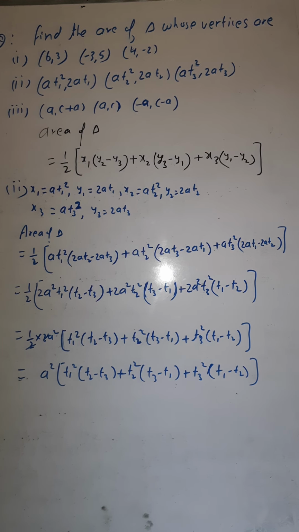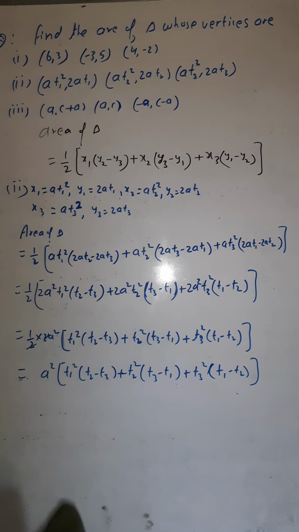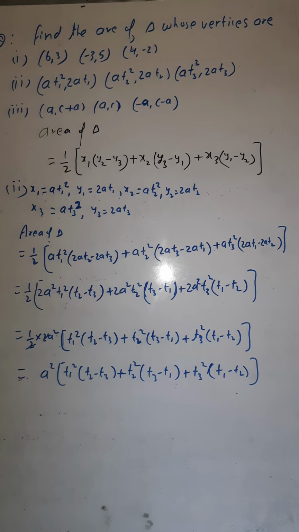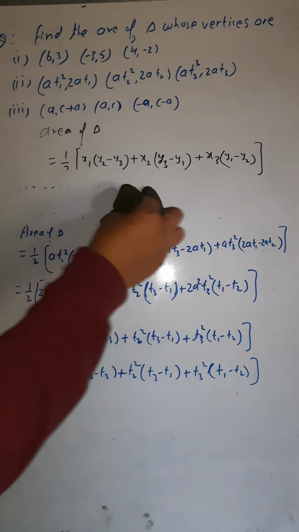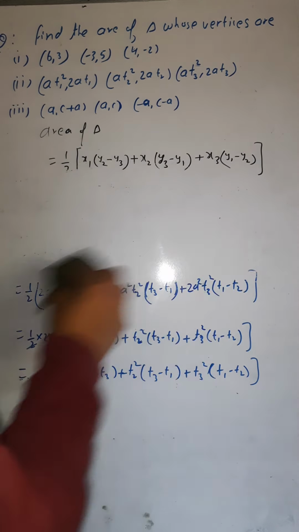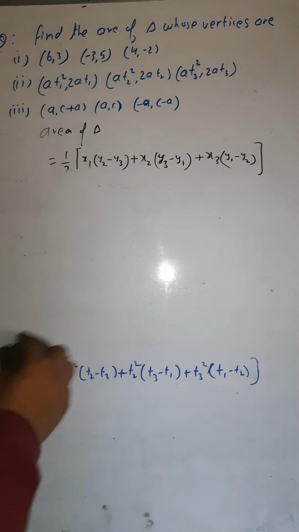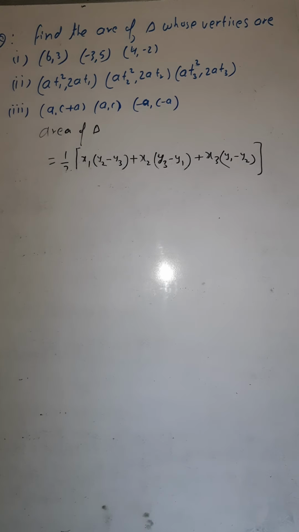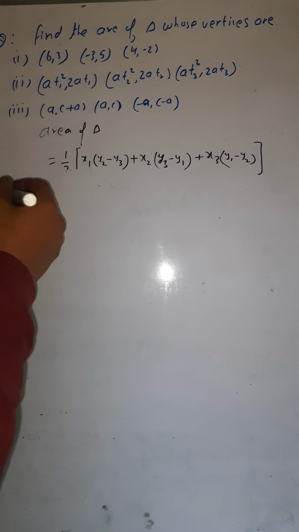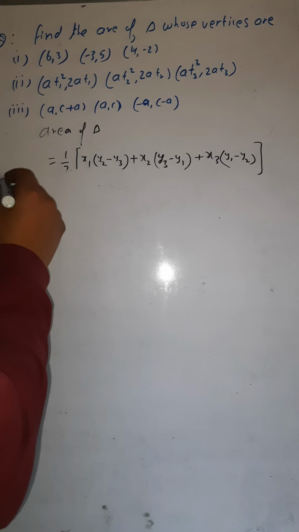Okay dear, now let's move to the third question. These are x1, y1 and x2, y2, x3, y3 that have been given to you. So let's write this third question first here.